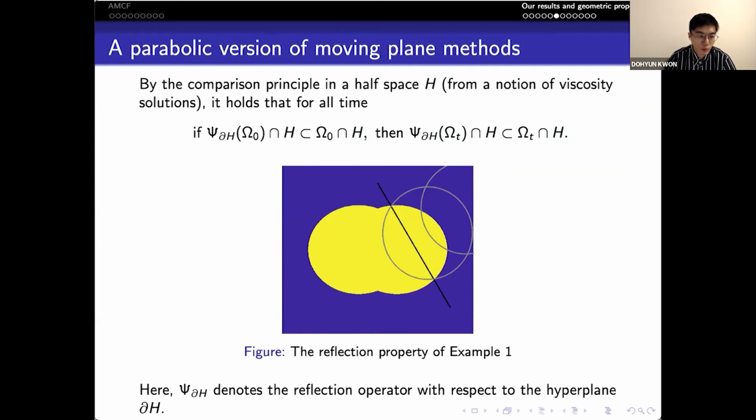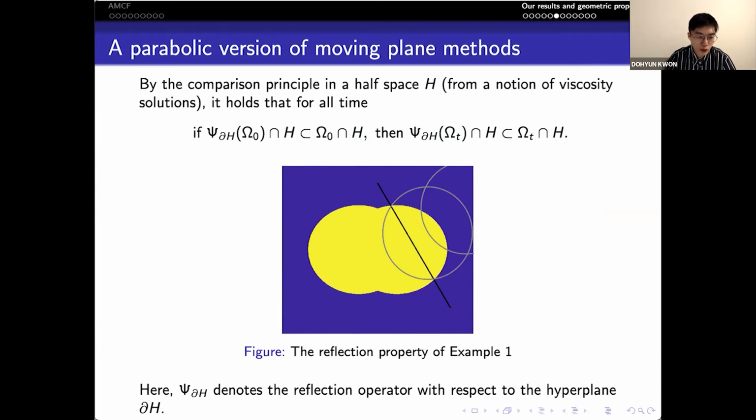So we wonder if we can make a parabolic version of the moving plane method. If we have a time variable, can we apply this method? The good thing is, since we use a notion of viscosity solution, we can apply the comparison principle in a half space, not the whole space, but in a half space.